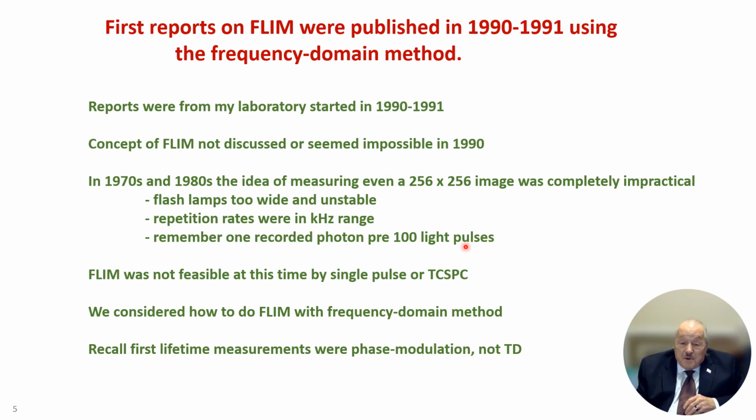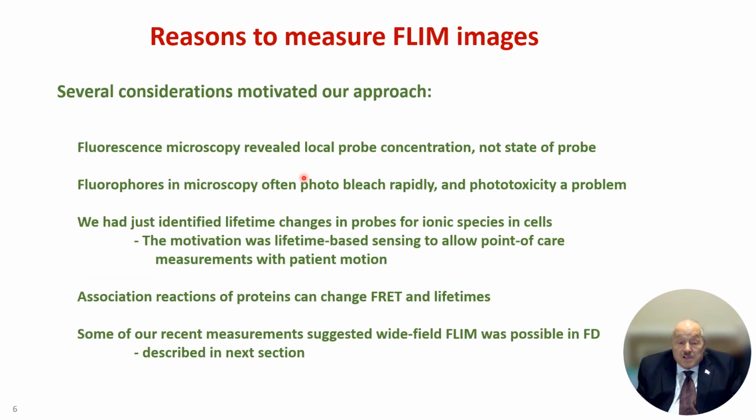So you're never going to do that. But we thought from some of our previous measurements that it would be possible with the frequency domain or phase modulation measurements, which we will discuss in the following lecture.